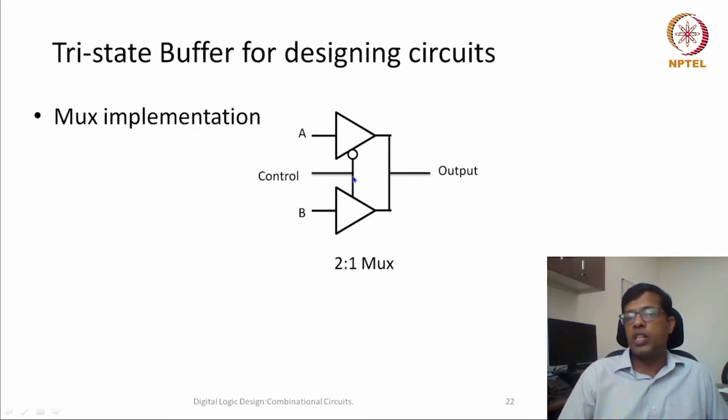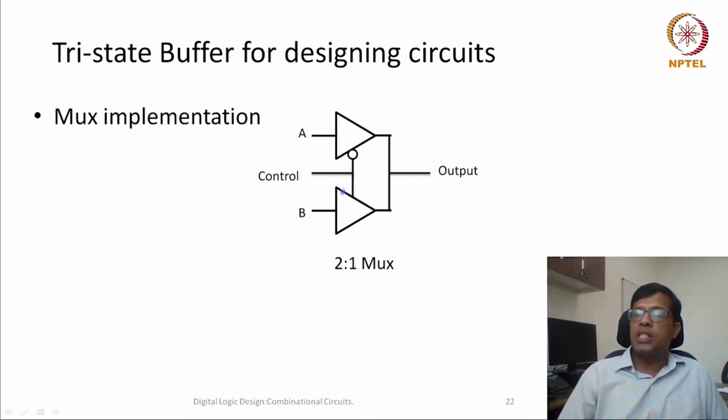Now if control is 0, that means A would be passed to output, but because it is 0, it is going to be high impedance. That means it's going to be open circuited. It's not connected. Because it is not connected, we can say finally output is equal to whatever is the output at the end of this particular gate.